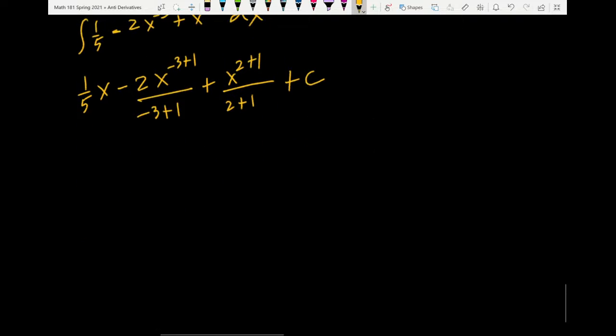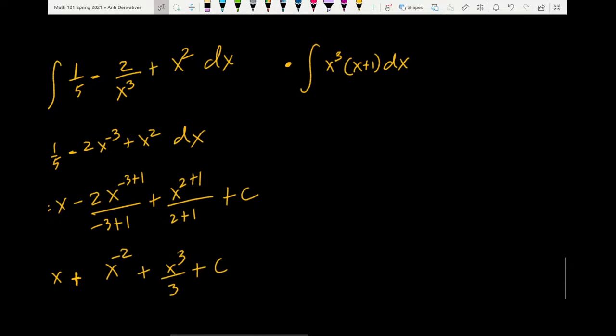So if we simplify that, minus minus cancels out. So you just get x to the negative 2 plus x to the third over 3 plus c. All right, that was easy.